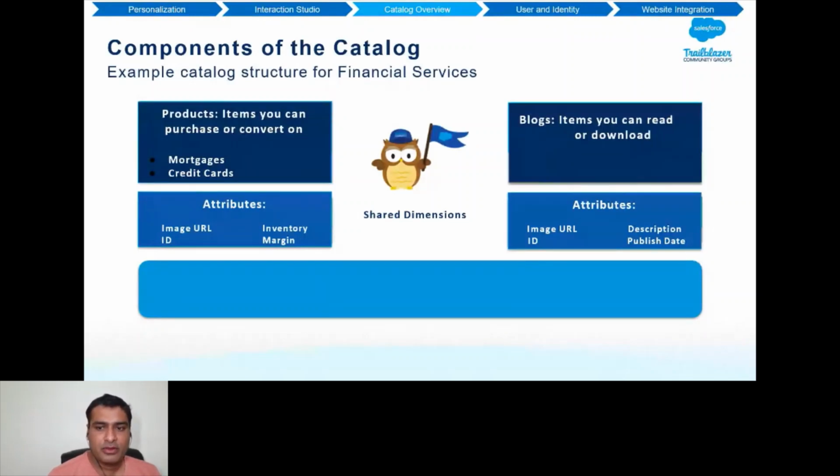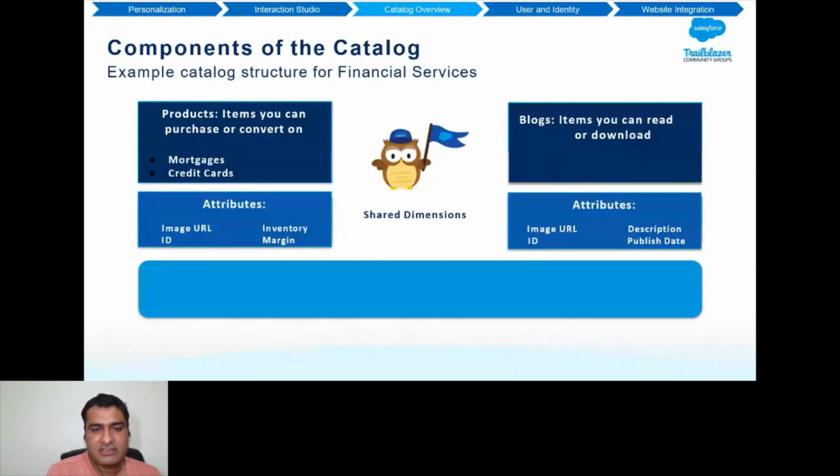And then we come to dimensions, which are a special kind of contextual characteristic in Interaction Studio. It defines your relationship between different item types. And then based on that, you can build affinity towards different products. I mean, affinity for a particular customer is built based on these shared dimensions.